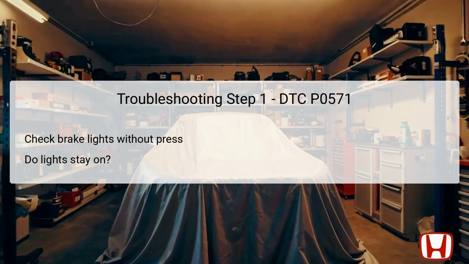If they do not stay on, the next step must be taken to troubleshoot further. This initial diagnostic helps in quickly ruling out critical failures in the brake lighting system, allowing technicians to focus on other potential causes for the DTC P0571 code.